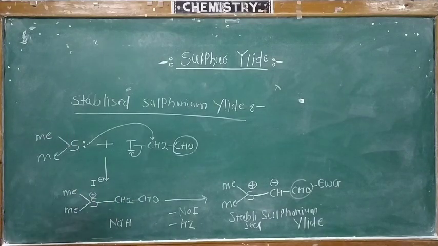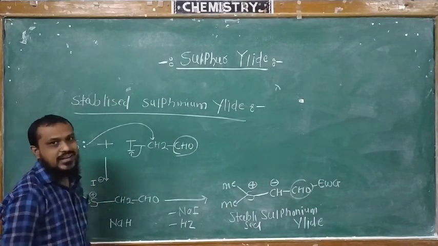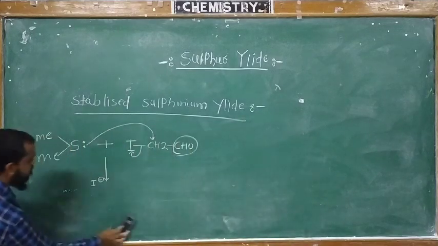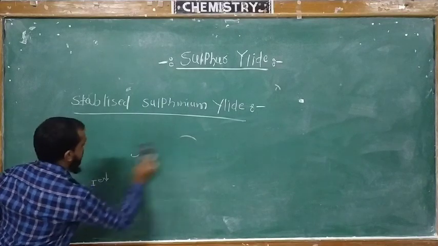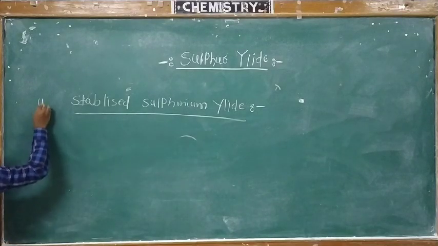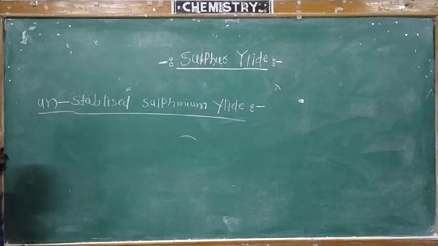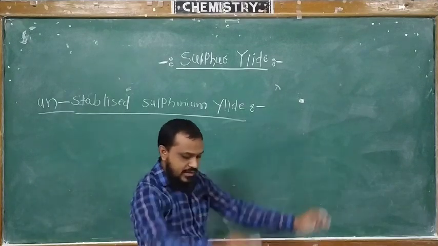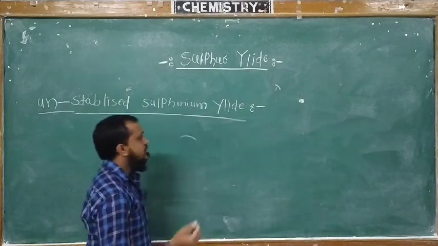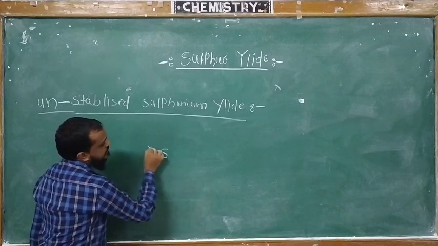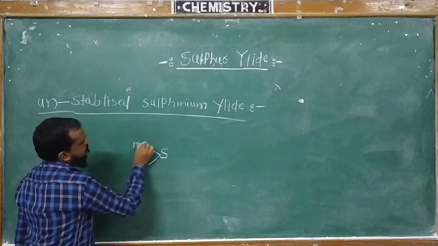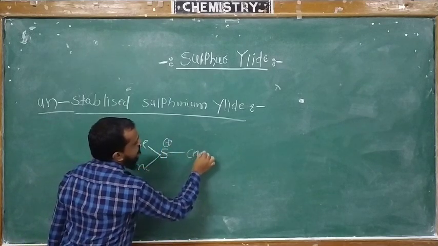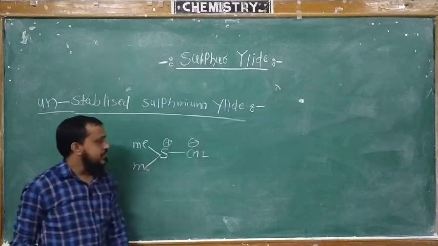Now the second type of sulfonium ylide is unstabilized sulfonium ylide. This is the second type of sulfonium ylide. Let us see here and explain. This is the general representation of sulfonium ylide.